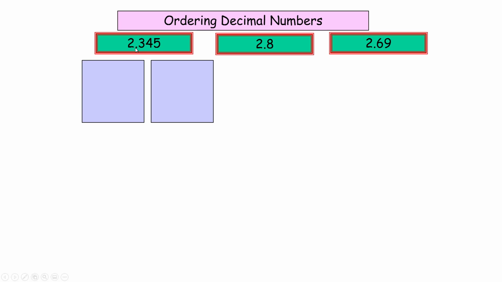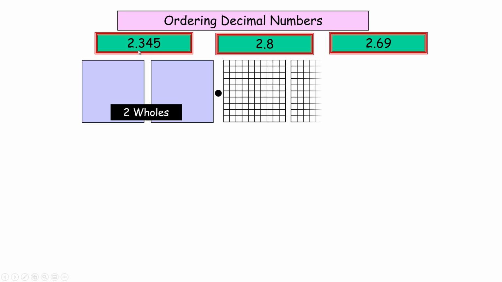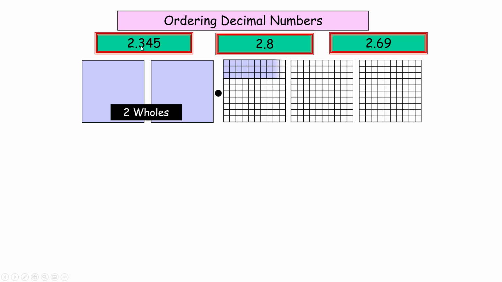So if we take the first one, 2.345, okay, you've got 2 whole numbers, and in this column here I've got 3 tenths. Okay, 1, 2, 3, 3 tenths. Then in the next column I got 4 hundredths, and in my final column I got 5 thousandths.